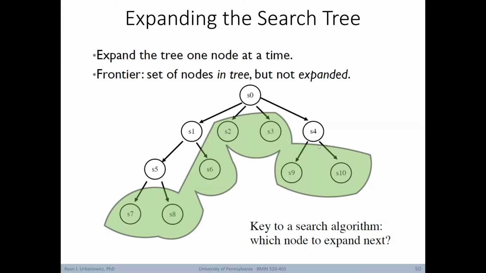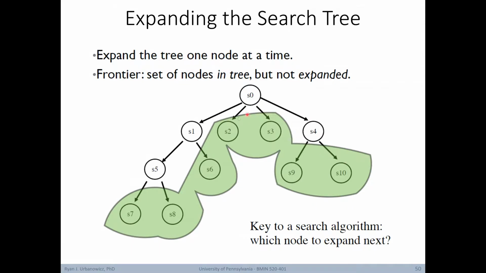One important concept as we get into search algorithms is the idea of expanding the search tree. The term expanding refers to taking a look at what our possible next successor steps might be in our search of a tree. Expanding of the tree happens one node at a time, and we have the term frontier, which describes the set of nodes in the tree that have not yet been expanded.